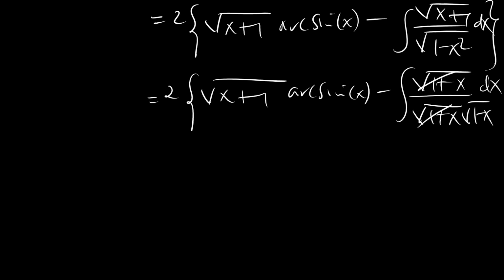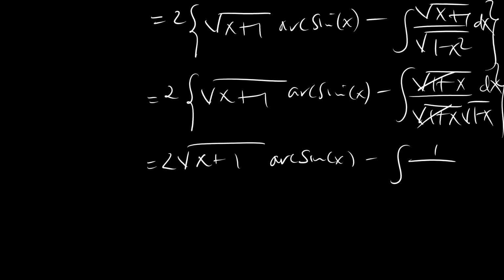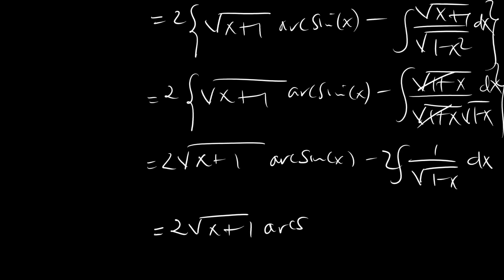And this could go. So we have 2 square root of x plus 1 arc sine of x minus the integral of 1 over, which is, and there's a 2 there, so which is 2 square root of x plus 1 arc sine of x plus 4 square root of 1 minus x plus c.